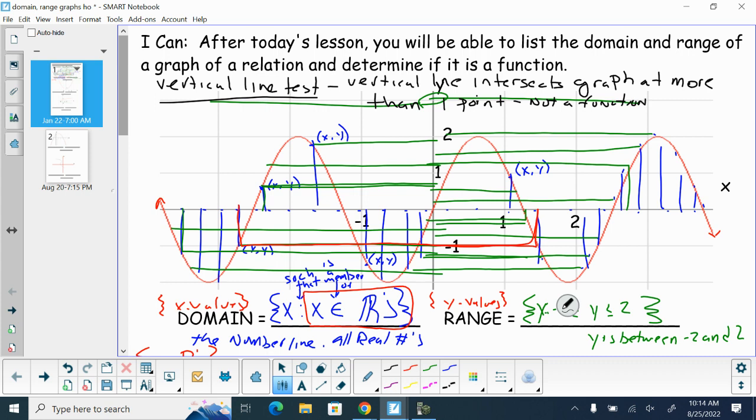If a vertical line can be drawn to intersect at more than one point, it's not going to be a function. And the reason why is if it intersects at more than one point, that shows you that one x value goes to two different y values. So yes, this is a function.